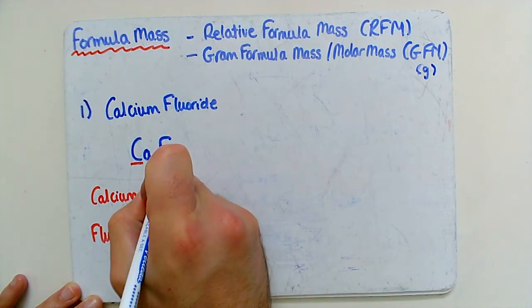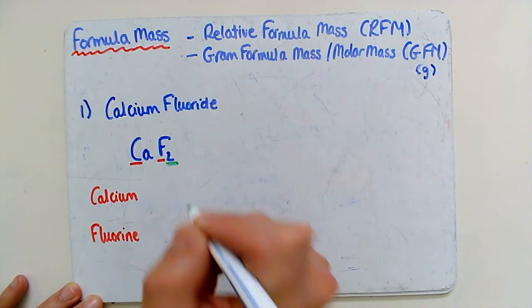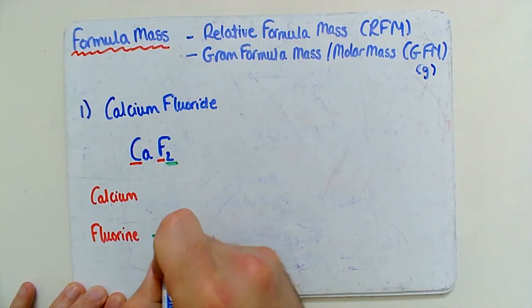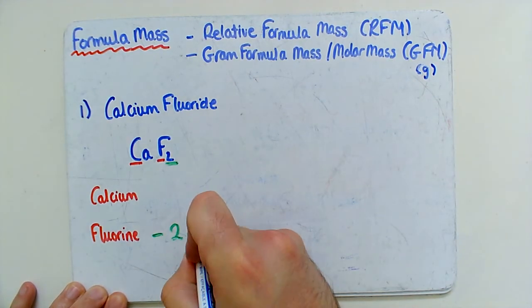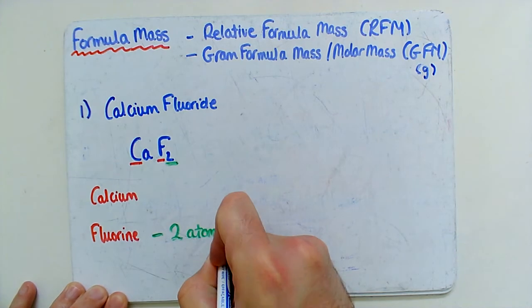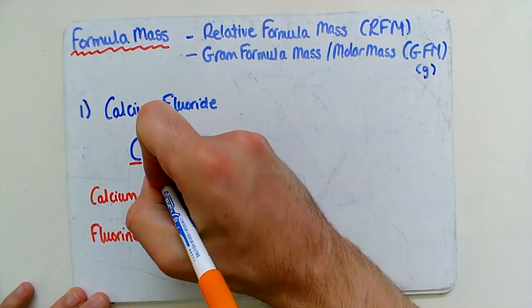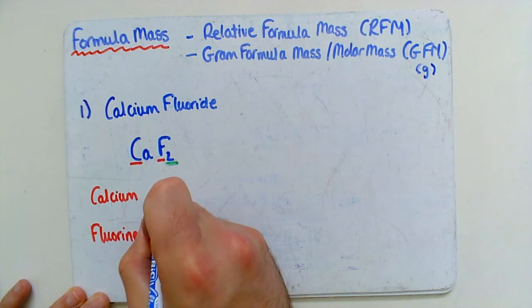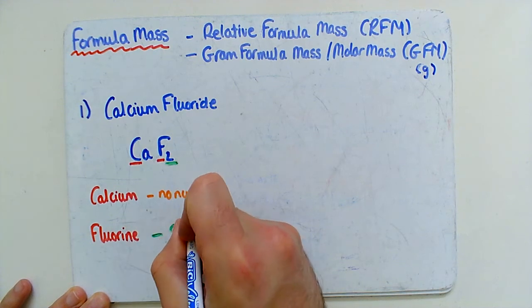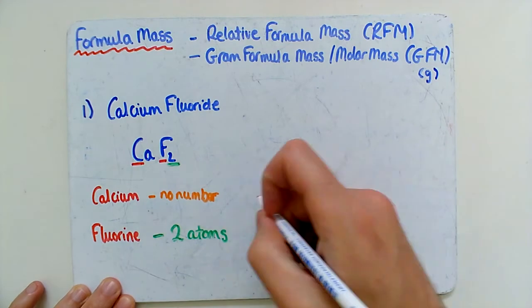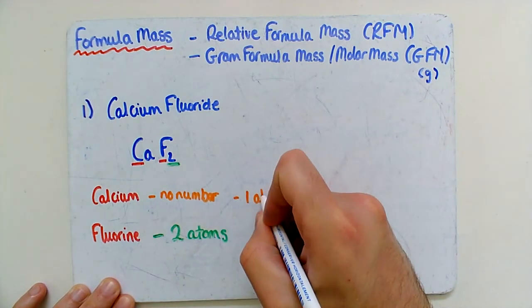We've got an F there and it's got a number 2. So that tells us we've got 2 atoms of that. Now calcium, there's no number. And if there's no number, that means it's 1 atom.